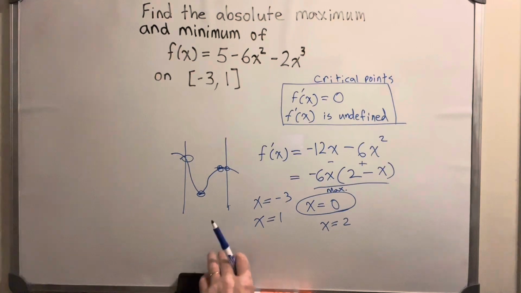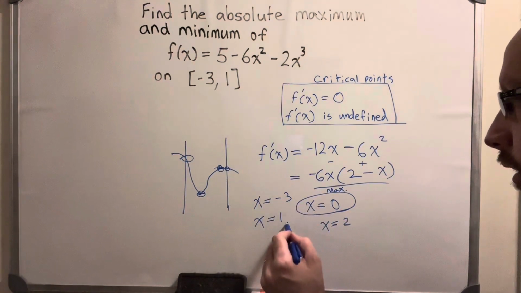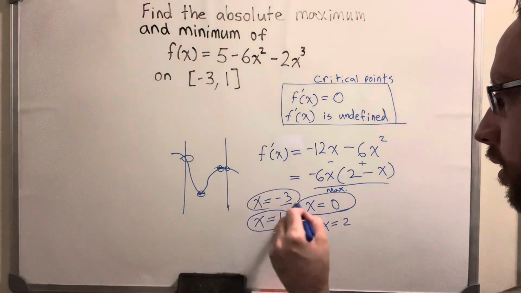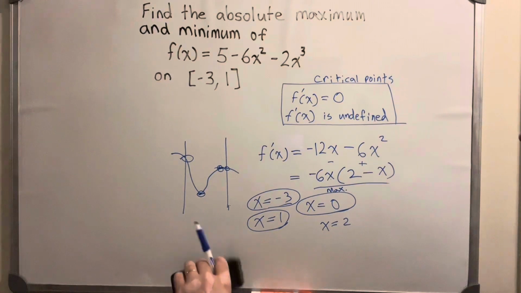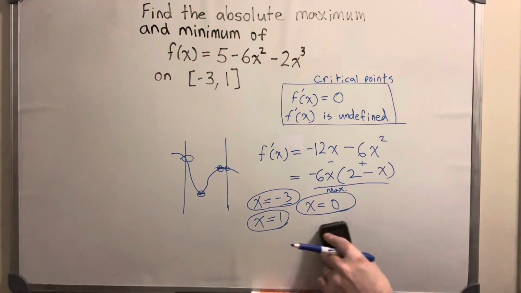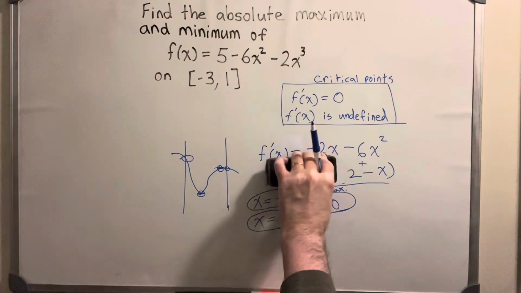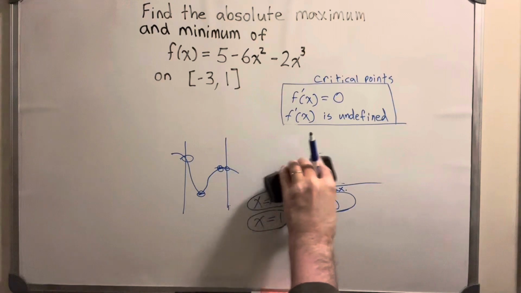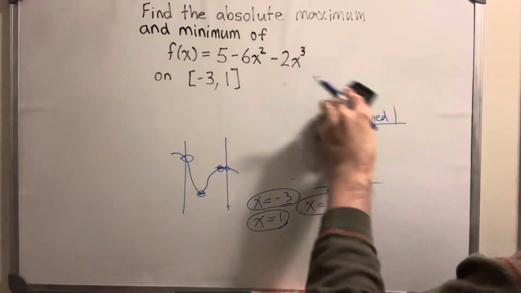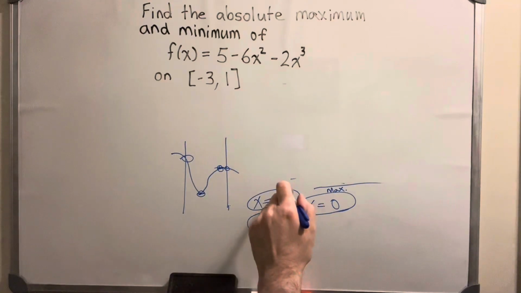So let's plug in the values of -3, 0, and 1 in the original function and see which ones of these are the smallest and which ones of these are the largest. Let's start with -3.